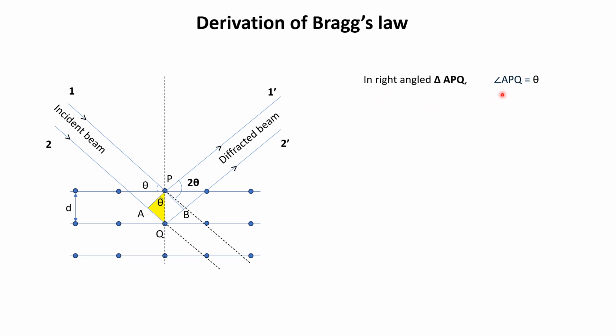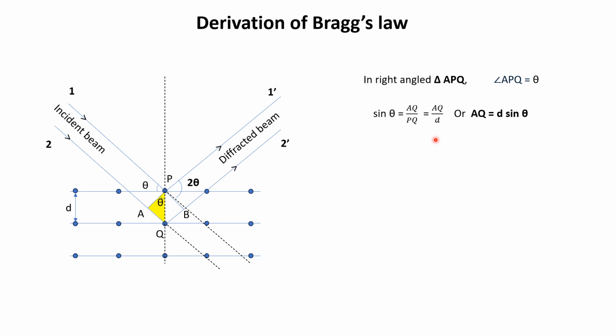Now the angle APQ is theta. So here sine theta will be AQ divided by PQ. And we know PQ is the interplanar spacing, which equals d, right?